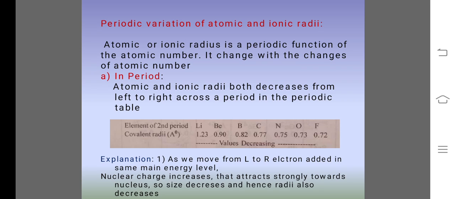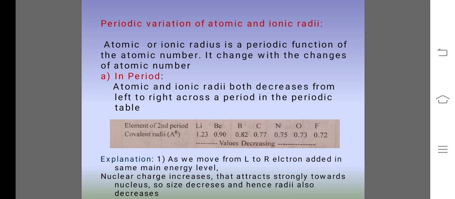Here we see lithium, beryllium, boron, carbon, nitrogen, oxygen, and fluorine, these are the elements. When we go from left to right in a period, their covalent radii are 1.23, 0.90, 0.82, 0.77, 0.75, 0.73, and 0.72. It means that the values of covalent radii are decreasing.